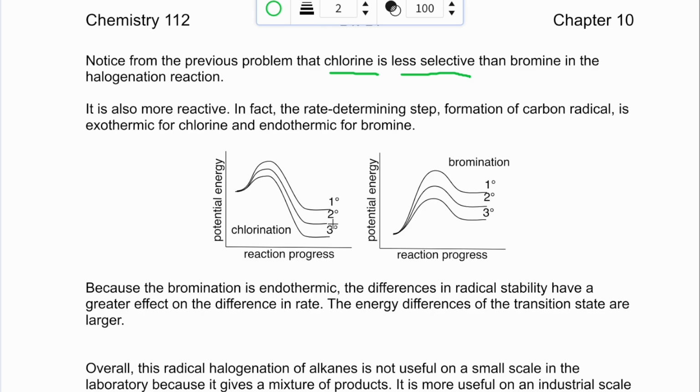This is the formation of the radical, not the formation of the actual haloalkane, but the radicals are different in energy, and so the transition states are more different in energy because they resemble the product rather than the reactant.